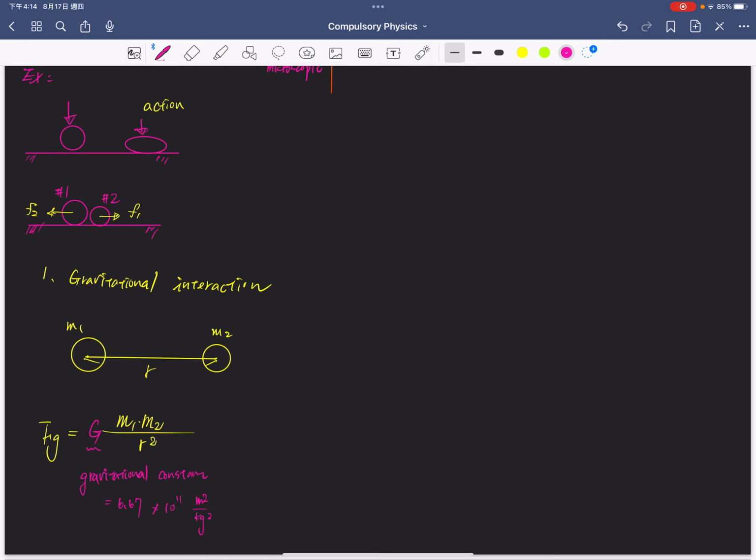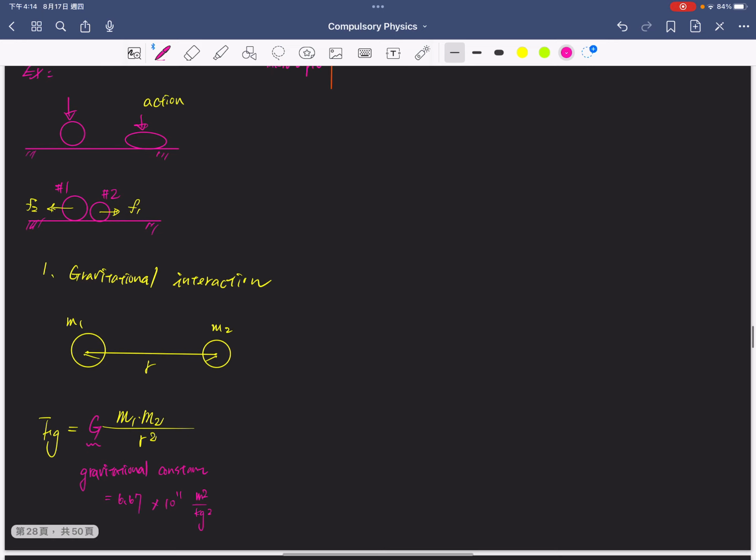That is the gravitational interaction. Now the next one we are talking about is the electromagnetic force, another interaction: the electromagnetic interaction.